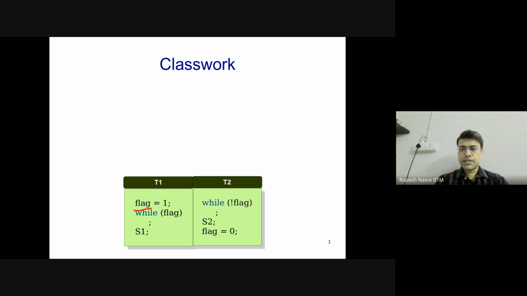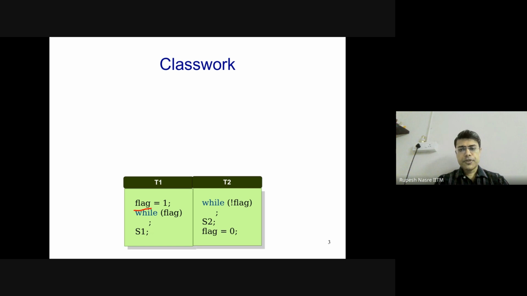Some of you, Sandeep, Bhagavan, Sowmeya, Pirapuraj, are suggesting that mutual exclusion is guaranteed. That is, S1 and S2 will not execute in parallel. I would like you to also keep thinking about what the code does and what it ensures. Chinmay says T2's while condition becomes true if initially flag is 0.